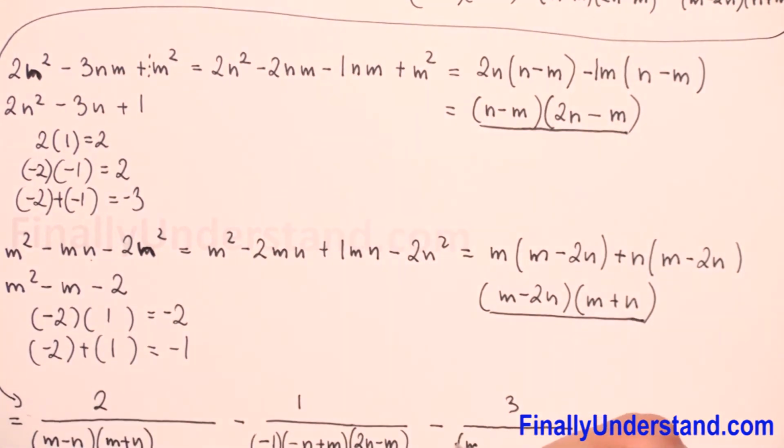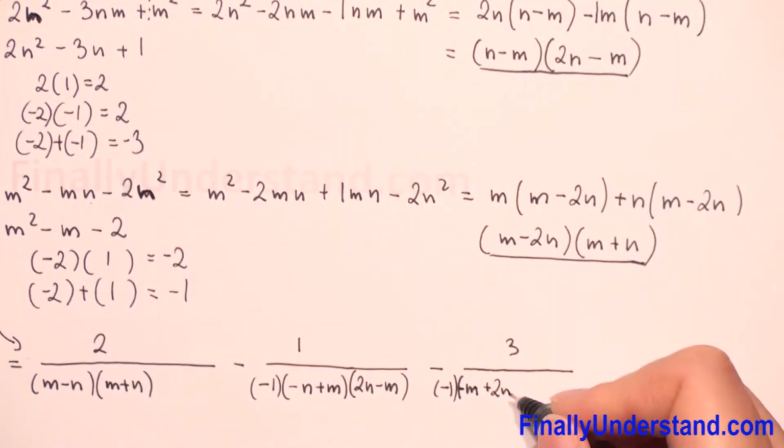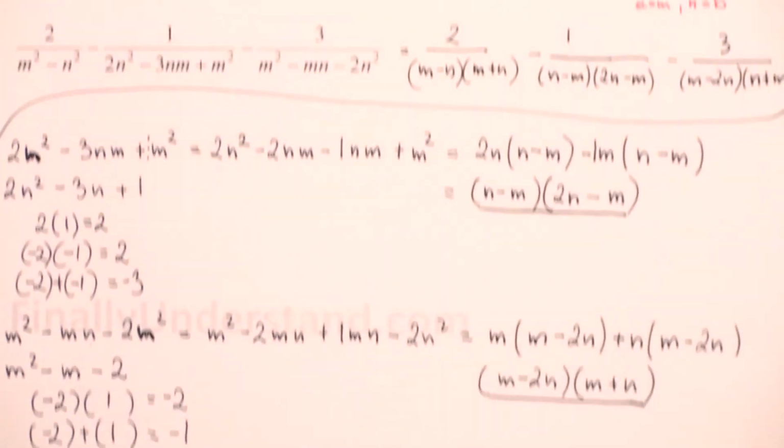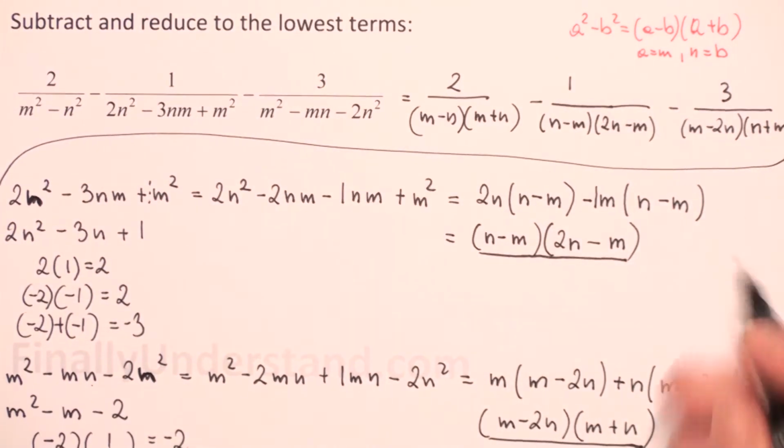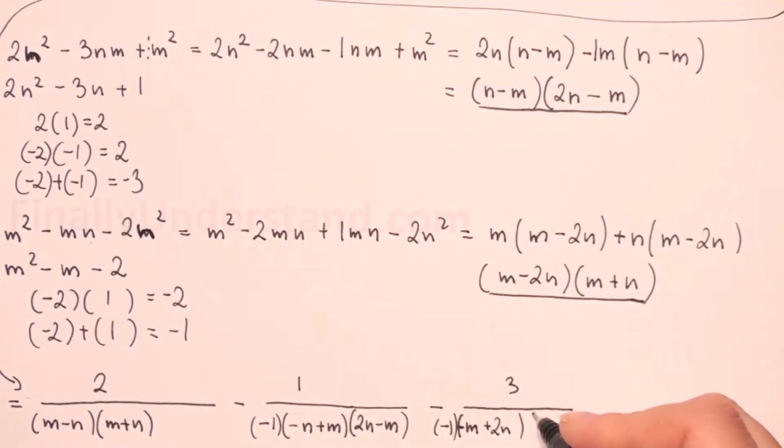So let's do this. Negative 1 I will factorize, so we will have negative m plus 2n now, and we have to copy n plus m. So now this is equal, let me rewrite the first fraction.